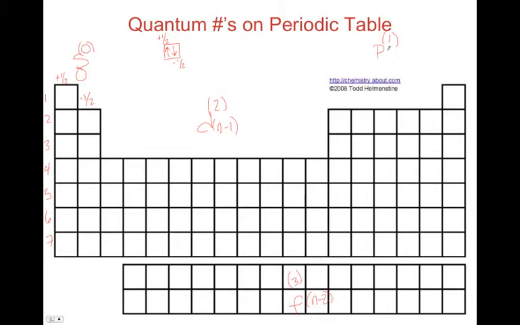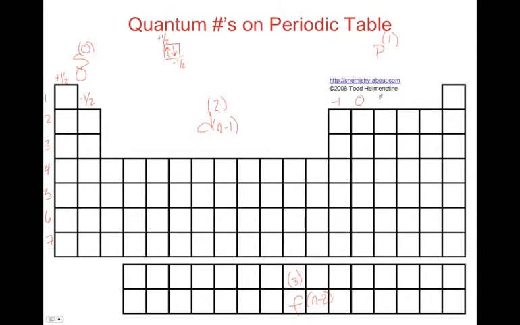Okay, if it's in the P block, and I'm hoping this will be easier for you to recognize, because of Hund's rule, you have to put 1 electron in each orbital before you can add a second one, which means that everything in this first column is in the -1 orbital. Everything in this column right here is in the 0 orbital.